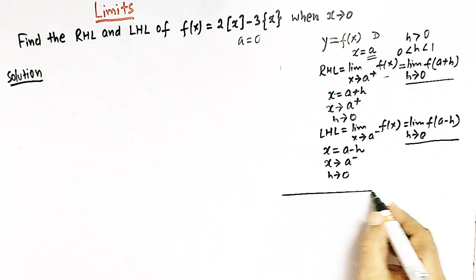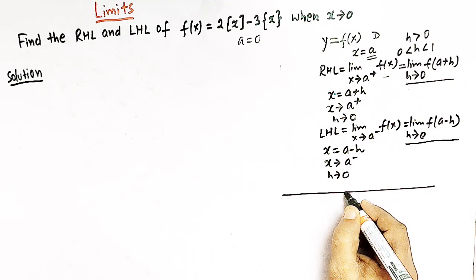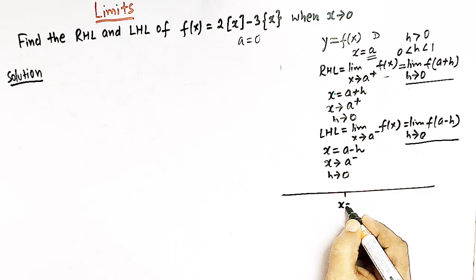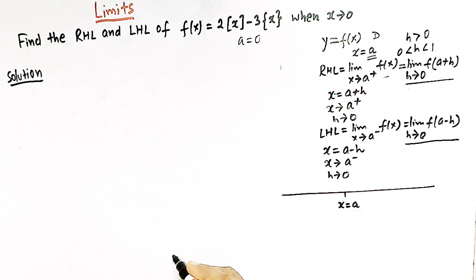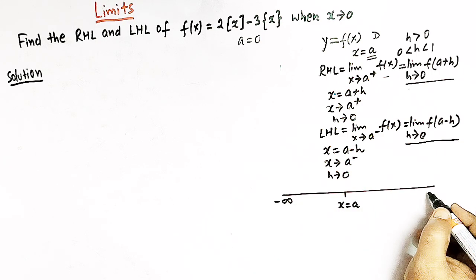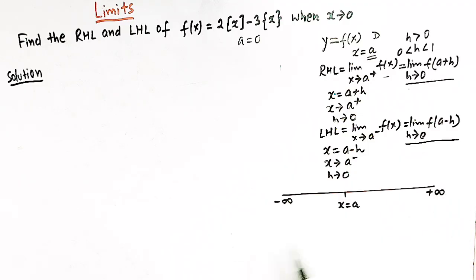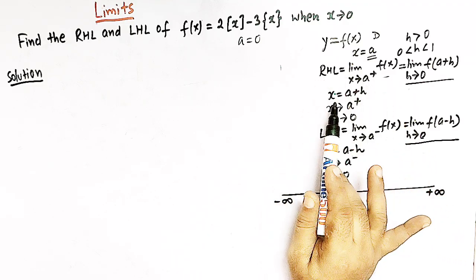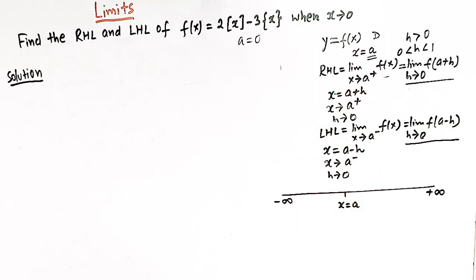Here we have the real number line, and the point, say x is equal to a, with minus infinity and plus infinity. When we find the right hand limit, we take x is equal to a plus h.